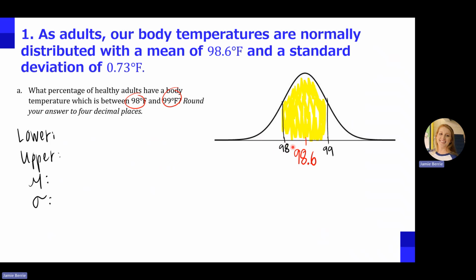So our lower bound is 98. That's where the shaded area starts. The upper bound is where it ends, so the shaded area ends at 99. The mean, they told us, was 98.6, and they told us that the standard deviation was 0.73.